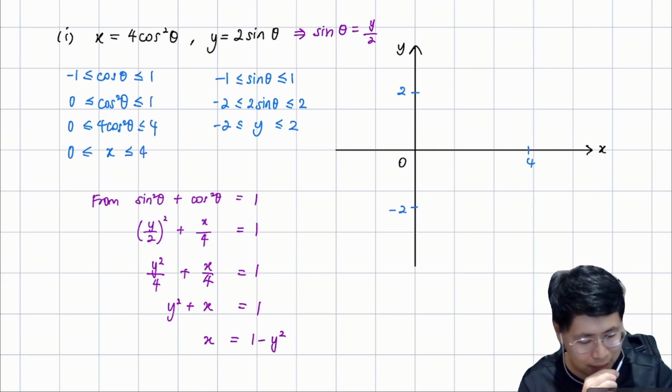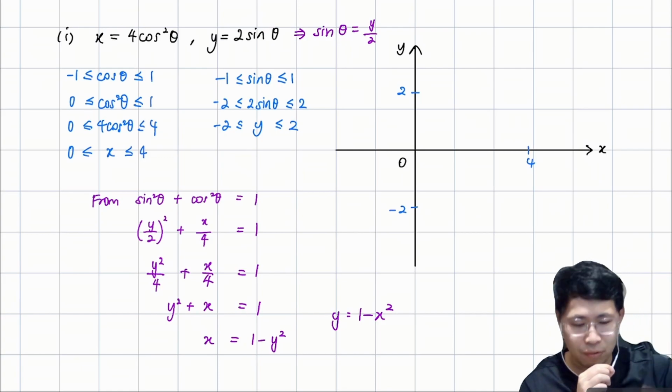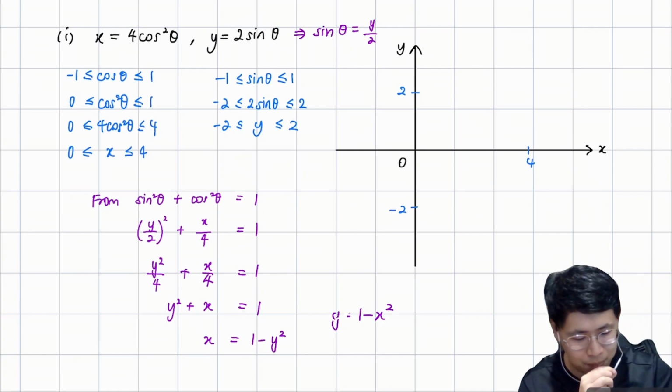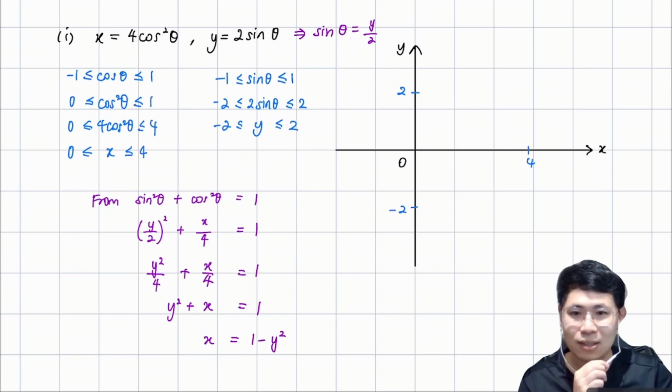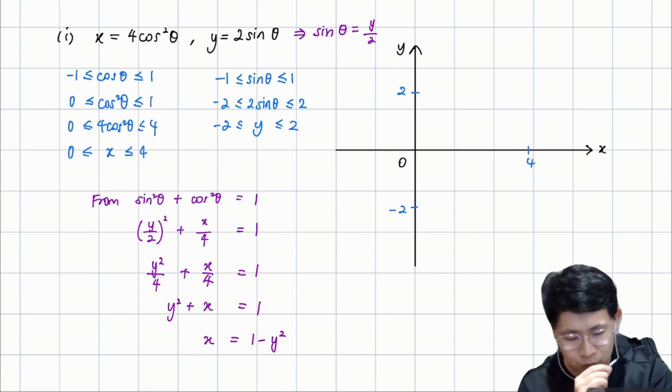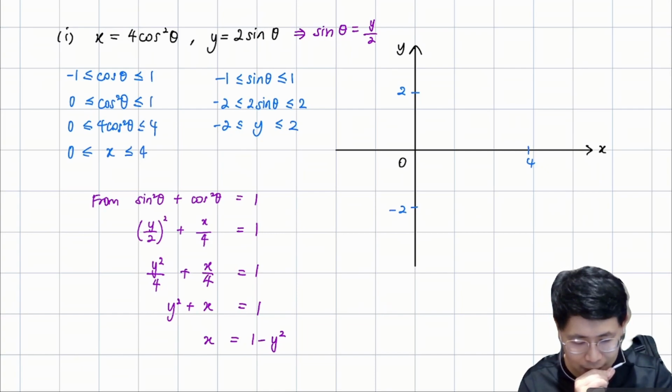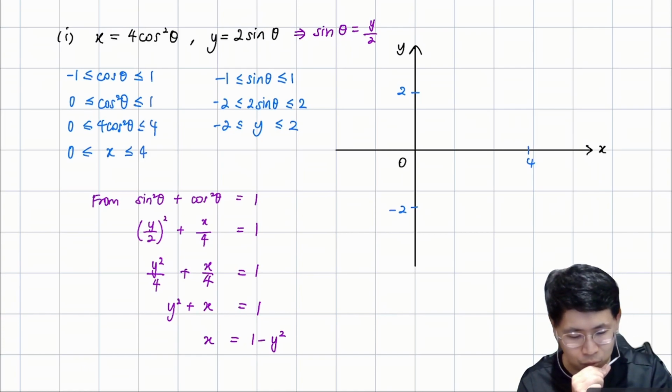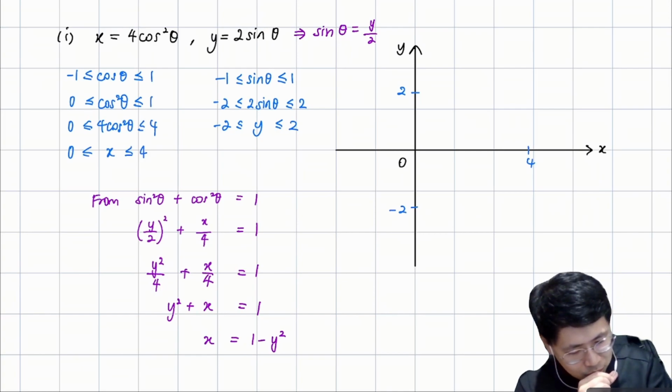It's something like y equals 1 minus x squared, the same but with the unknowns reversed. So this is going to be a parabola, and y goes between -2 and 2, then x would be between 0 and 4.